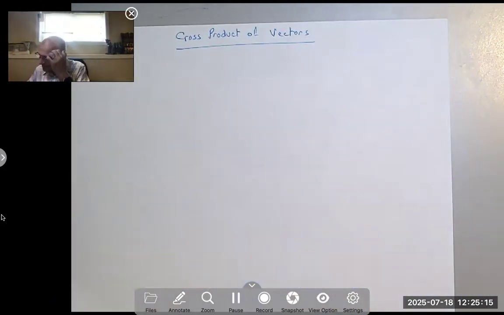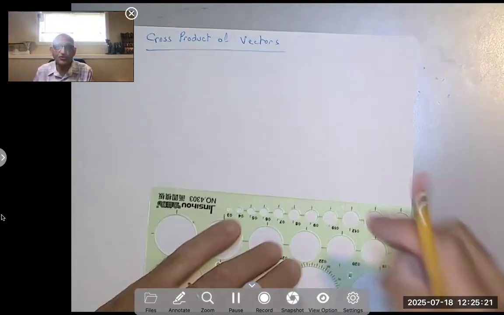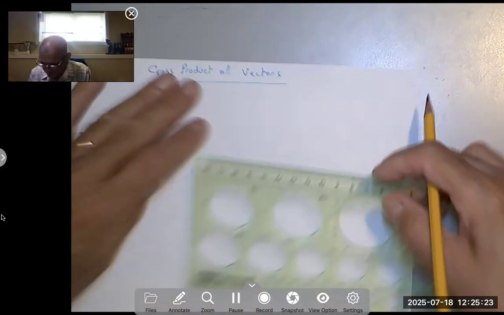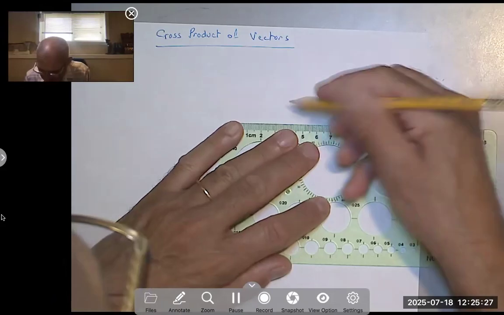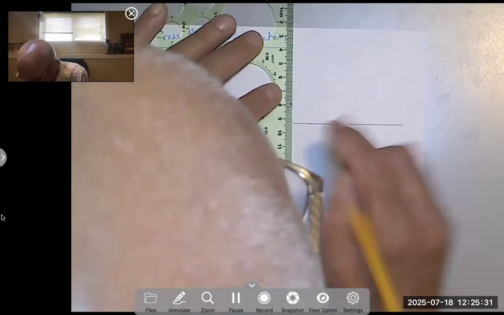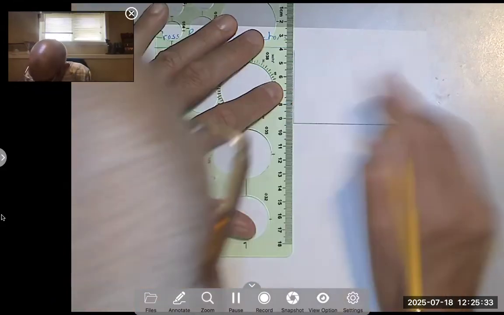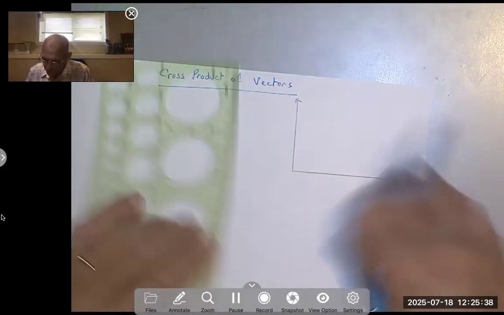Okay, so let me draw two vectors in the XY plane, and then we are going to generalize that to 3D, like we usually do, because it's easier to show it in a 2D world. I'm going to draw two vectors.